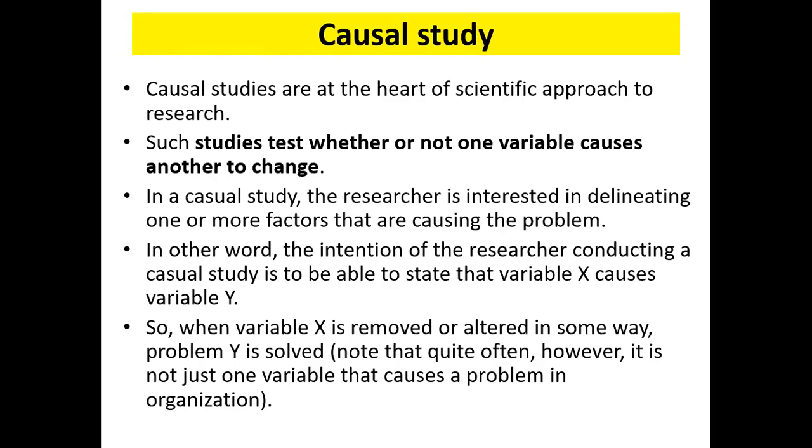The next one is the causal study, causality. Causal studies are at the heart of the scientific approach. Such studies test whether or not one variable causes another. Now, heavy rain: if there are heavy rains, what will happen? There may be floods.